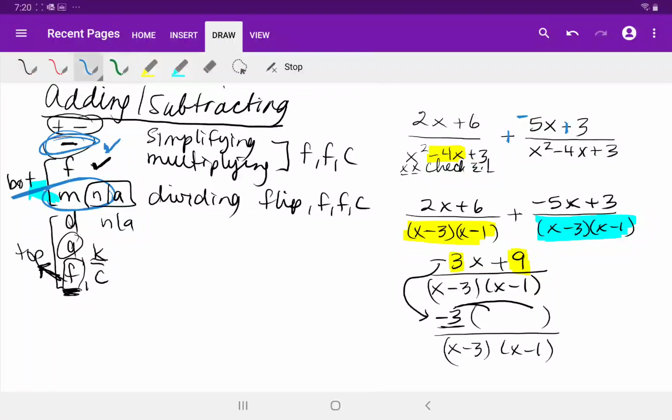I'm going to change color so it's easier. I need negative 3 to multiply by something to get negative 3x. Then I need negative 3 to multiply by something to give myself positive 9. Okay, so negative 3 times x, that would go here. Let me do that in red. I think red would be easier for you to see.